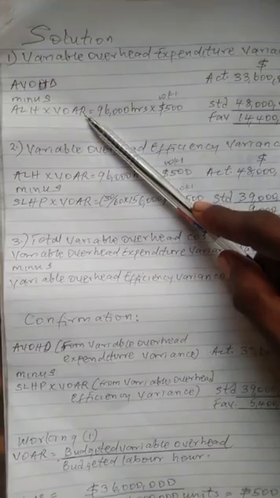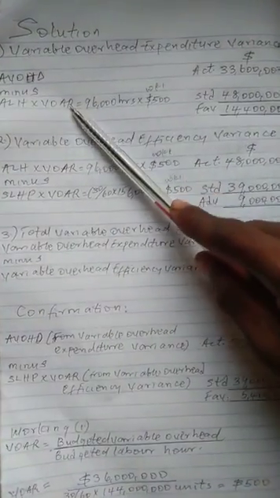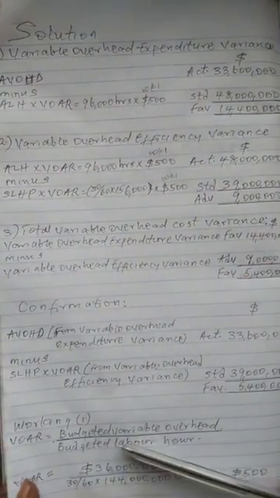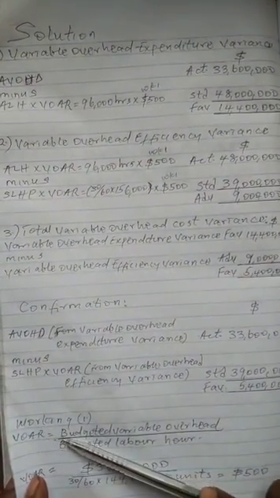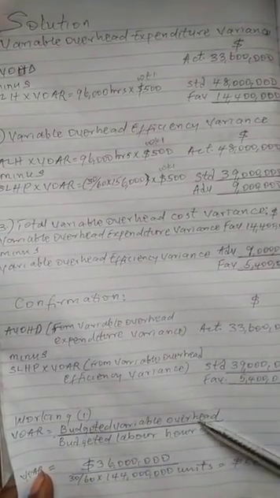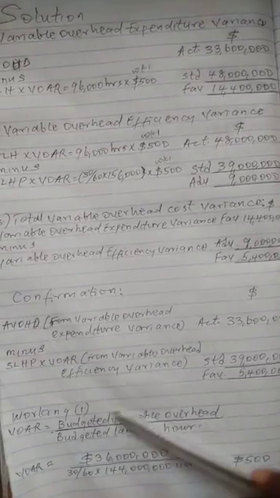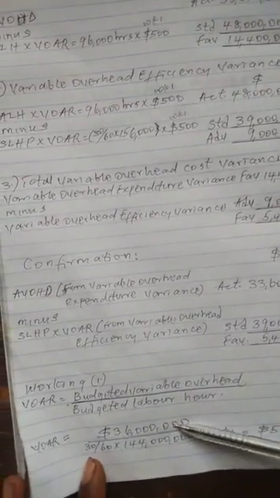How do you arrive at this? I've said there is a formula for it. Variable overhead absorption rate is budgeted variable overhead divided by budgeted labor hour. And what's our budgeted variable overhead? You go to the budget aspect.